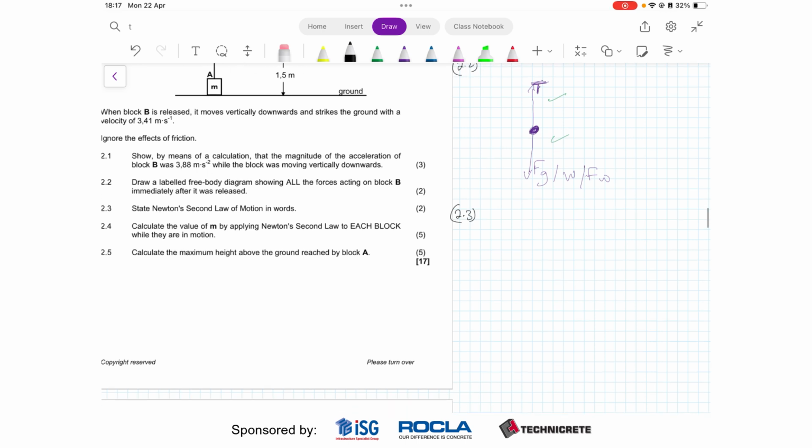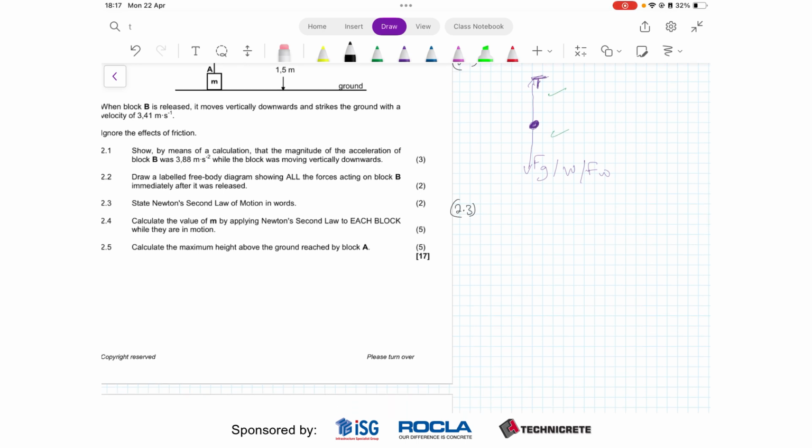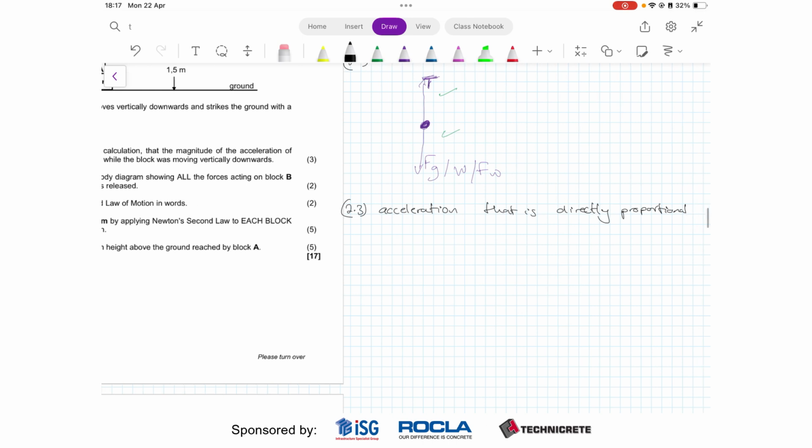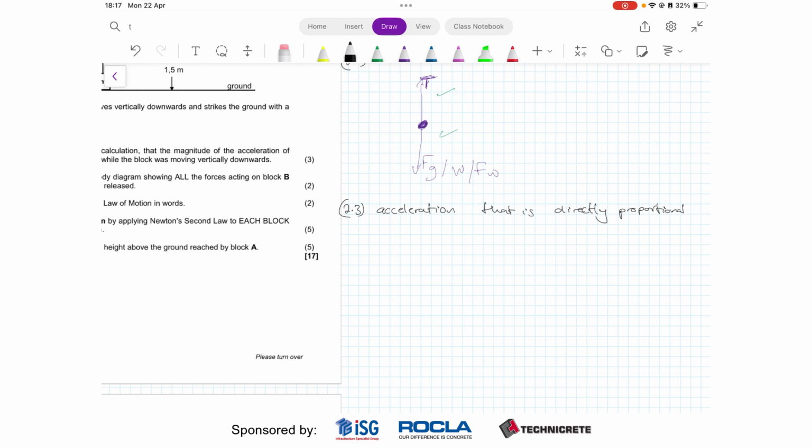The first key phrase is acceleration that is directly proportional to the force. This is the first one.